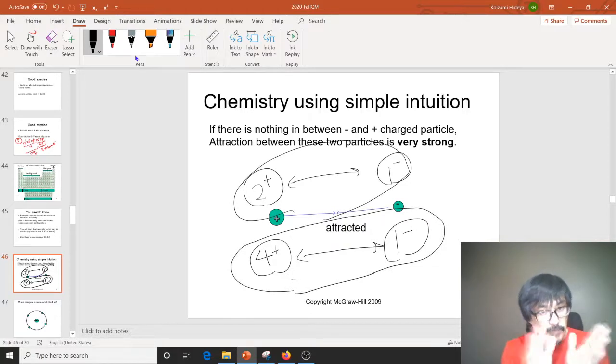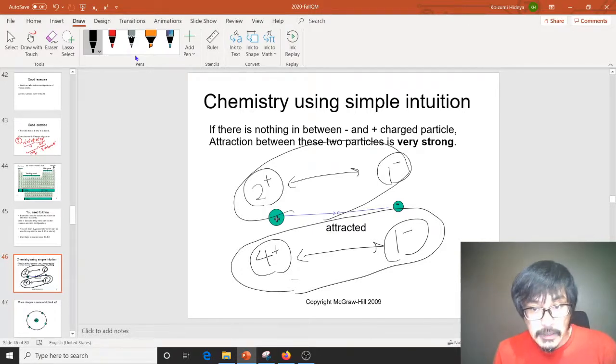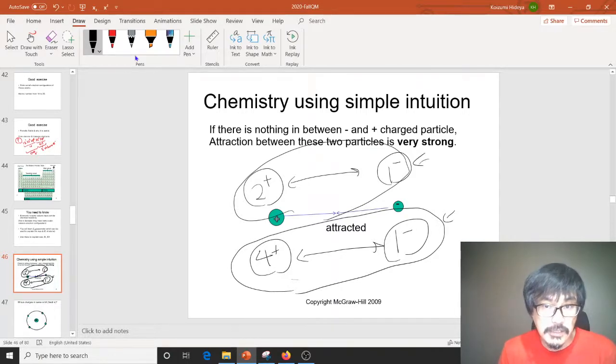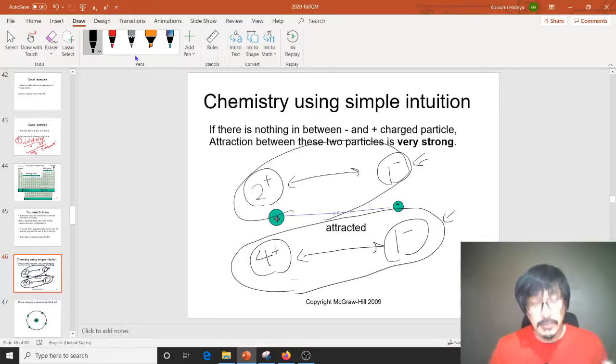As the magnitude of the charge increases, the interaction gets more intense. So these guys right here attract more than this system right here. And distance is also important too. If the distance gets shorter and shorter, then the interaction becomes more intense, and if the distance is larger, then the interaction becomes less intense.